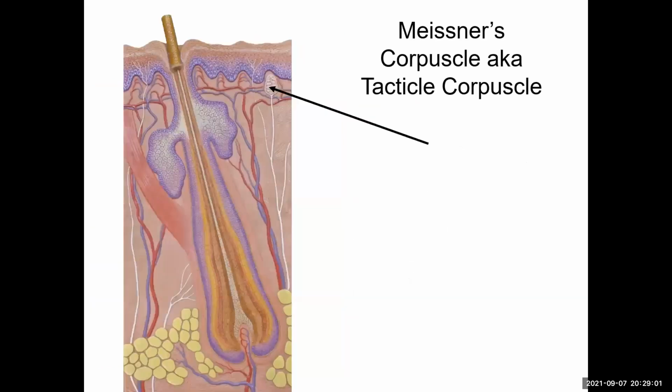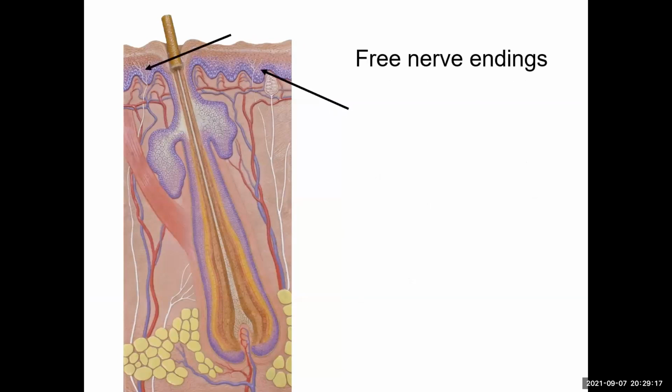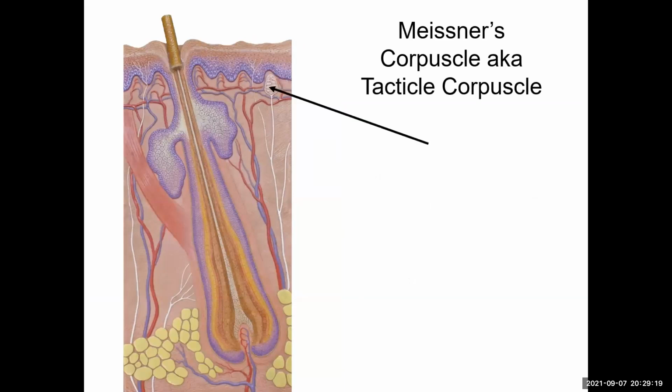Back to that papillary layer there. Here's your Meissner's corpuscle or tactile corpuscle. That is going to be for light touch because it's close to the surface of your skin. I'll show you it on this other model here. Hold on, I'm jumping the gun. So that's the Meissner's corpuscle or the tactile corpuscle.